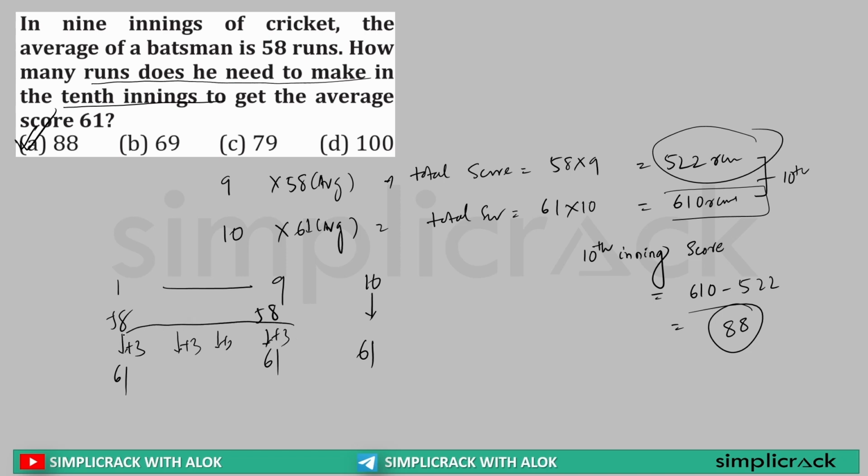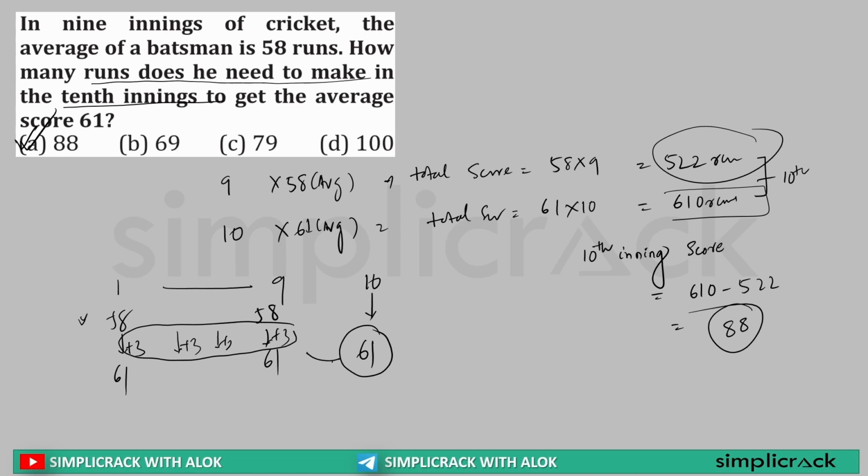This means this 3 has been increased in all the 9 innings, which had a previous average of 58. Where does it come from? From the 10th number, right? In all those cases we saw earlier, when a new number was added, the average dropped.